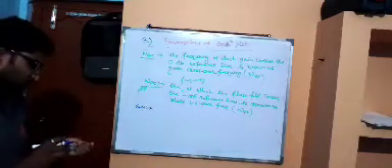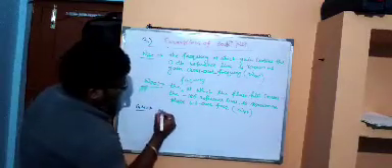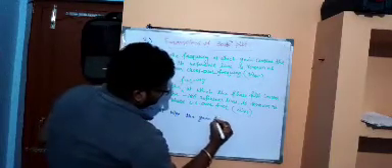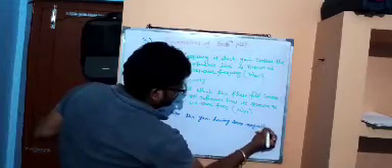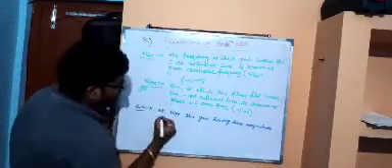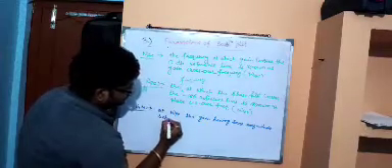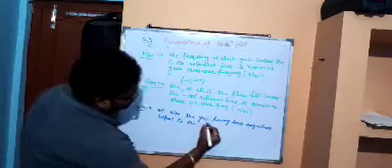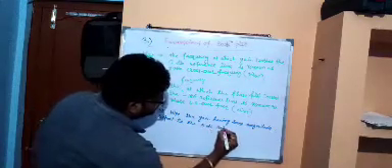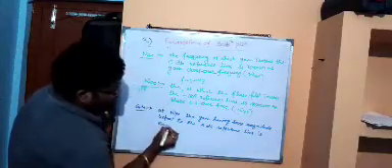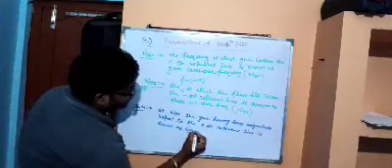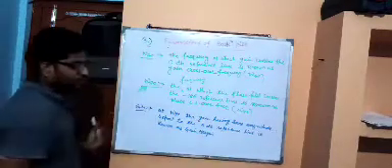At omega is equal to omega PC, that means the phase crossover frequency, the gain having some magnitude with respect to the 0 dB reference line is known as gain margin. Clear?